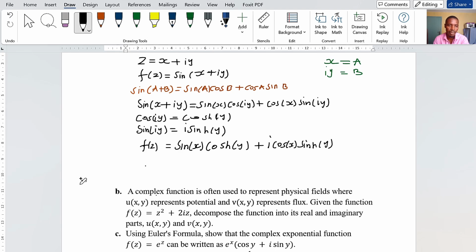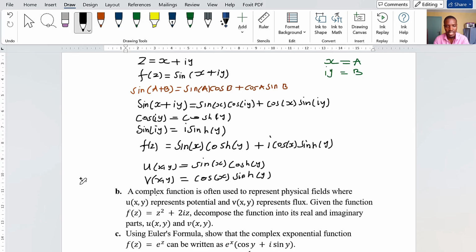So from this, your u, which is the real part of the complex number, is sine x hyperbolic cos y. Now your imaginary part, which is v, is just cos x hyperbolic sine y.